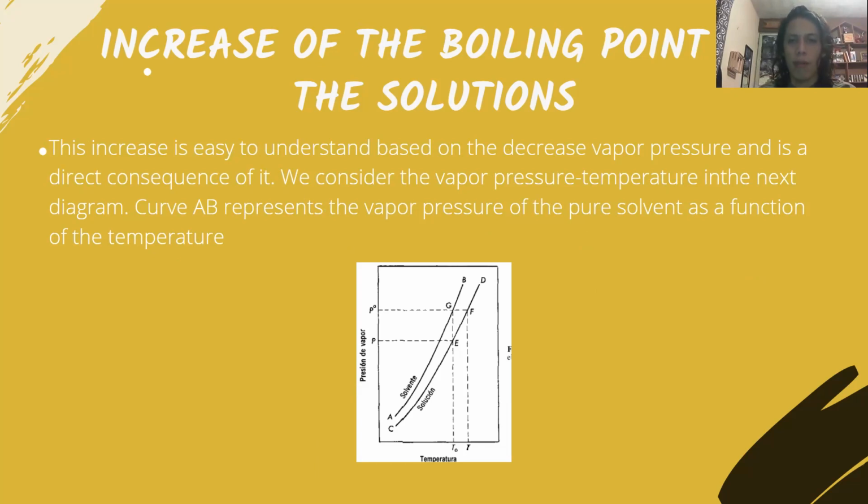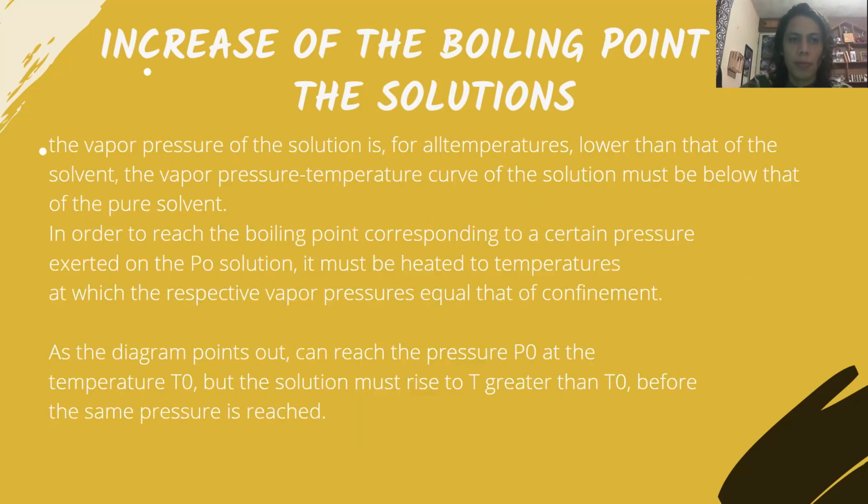We consider the vapor pressure curves compared in the next diagram. The curve AB presents the vapor pressure of the pure solvent as a function of the temperature. The vapor pressure of the solution is, for all temperatures, lower than that of the solvent. The vapor pressure-temperature curve of the solution must be lower than that of the pure solvent.